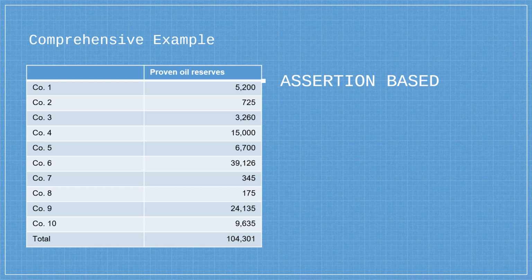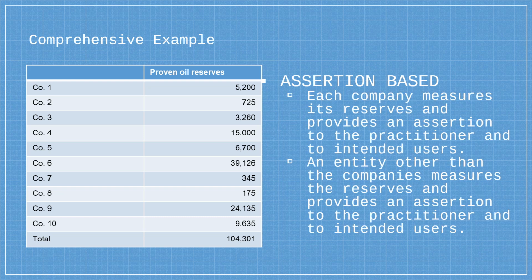Now, our framework has provided us with an illustration. This illustration is something I lifted from the framework for assurance engagement. Supposing we have here companies 1 to 10, and these are their proven oil reserves. I would suppose this would be in barrels. If this were an assertion-based engagement, then each of these 10 companies would measure the oil reserves and then provide an assertion in the form of subject matter information to the practitioner and the intended users.